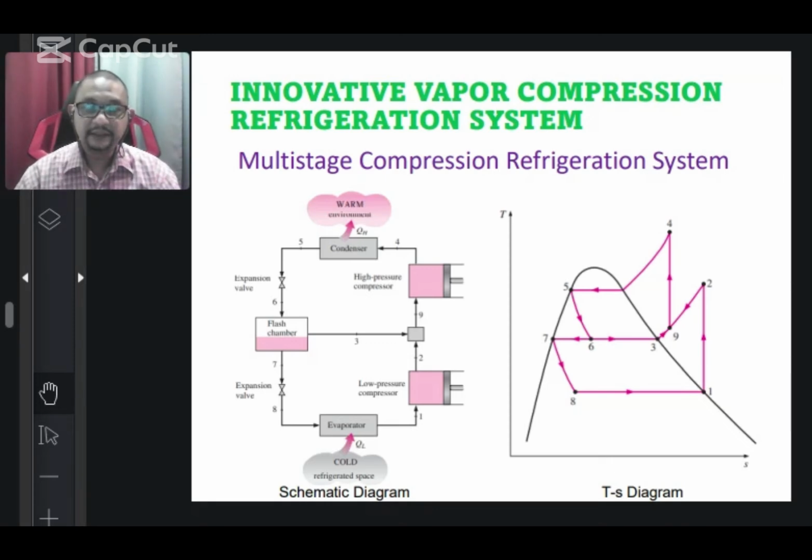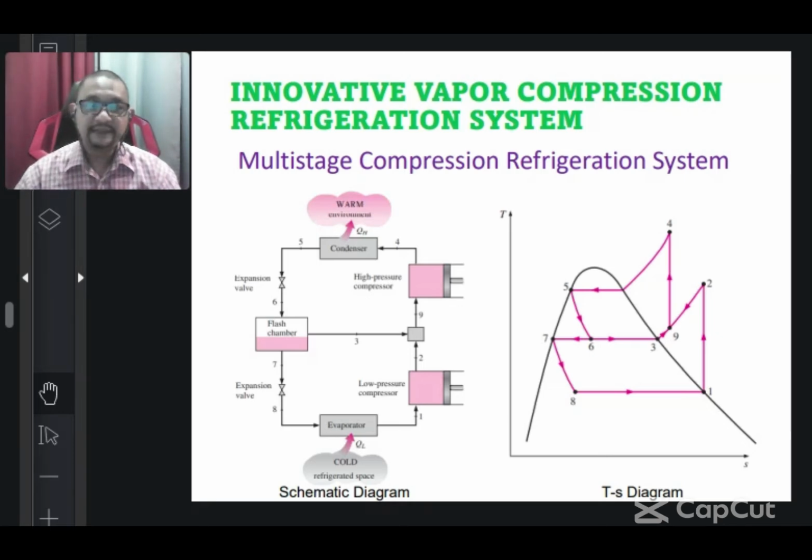The saturated liquid at state number 7 expands through the second expansion valve into the evaporator, where it picks up heat from the refrigerated space.